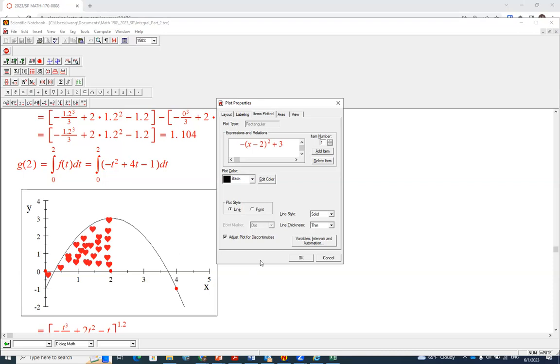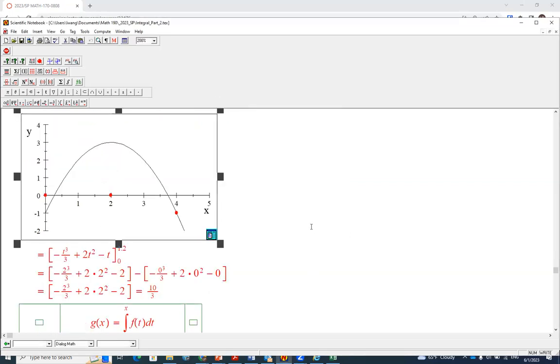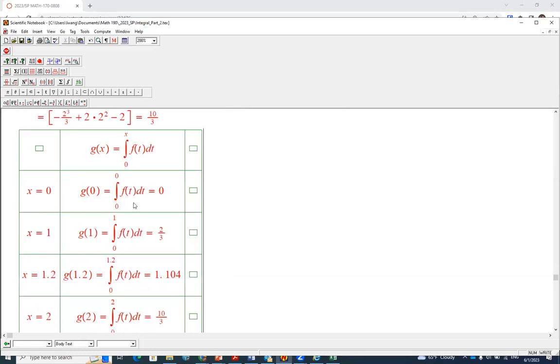But now how about G of x? I'm going to clean this up and show you what G of x is. First of all, it is a function.